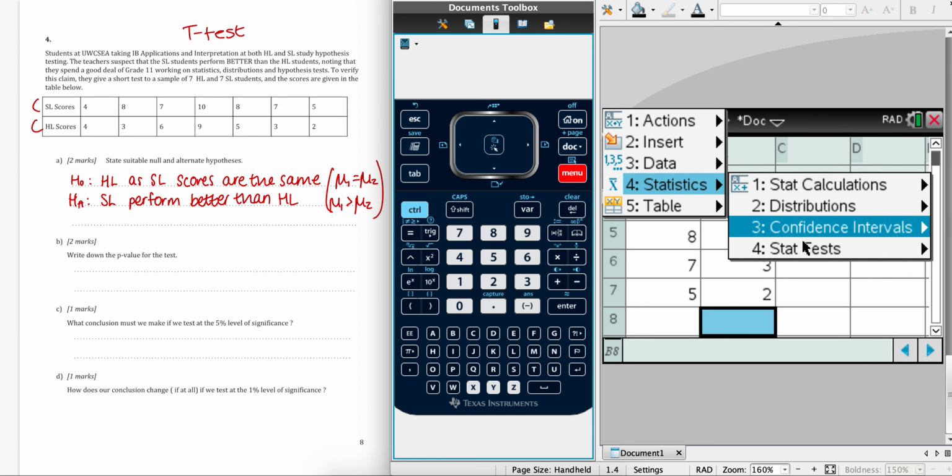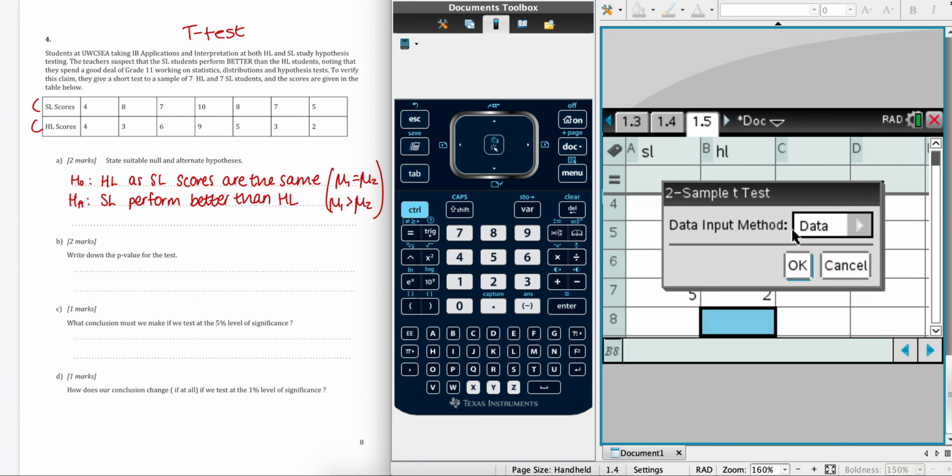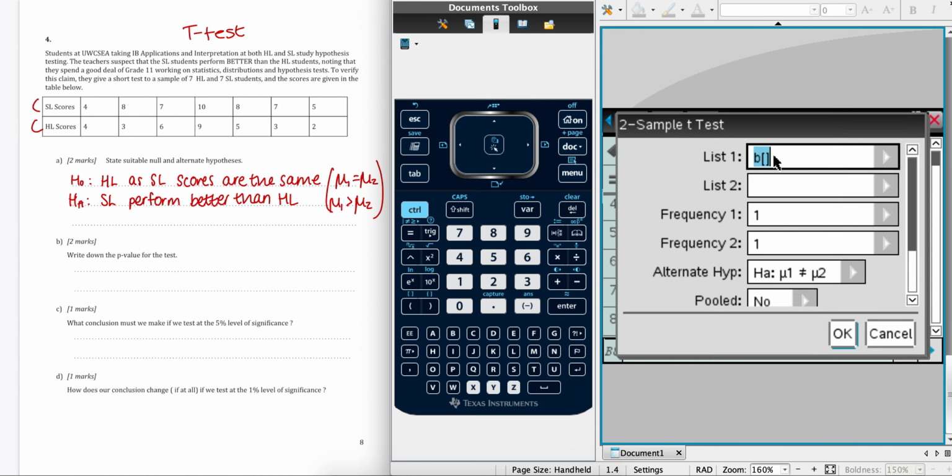So statistics, stats tests, and two-sample t-test. And again, I'm using the data that I've input. So my first list is my SL scores, and my second list is my HL scores. The frequency of 1 just means that each item comes once, which is correct. There were 7 people and I've given each of their scores separately as raw data.